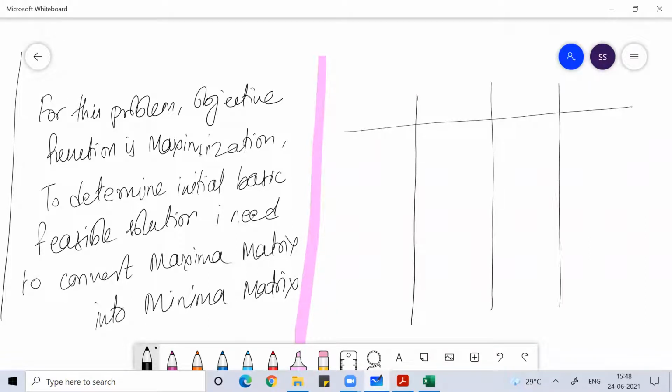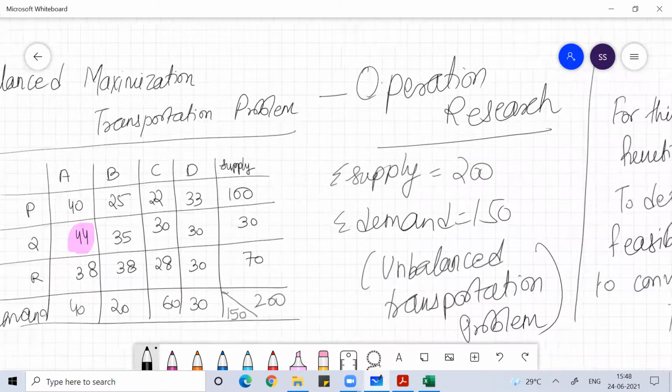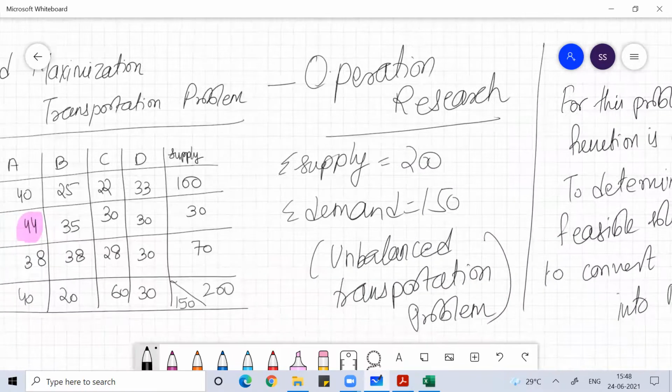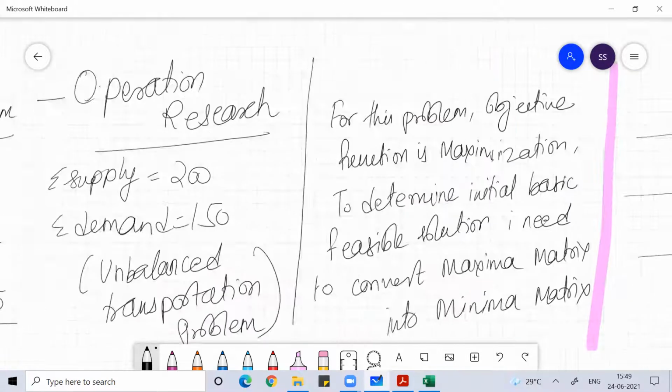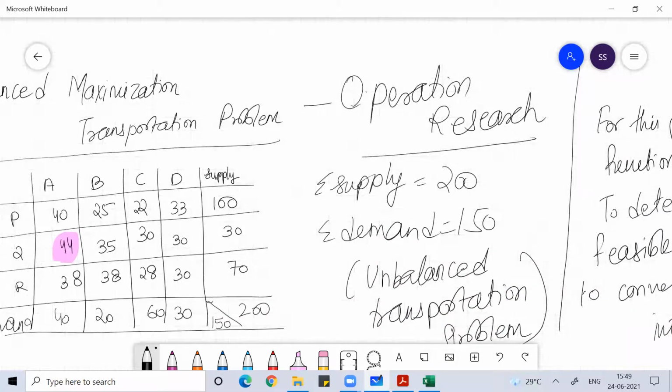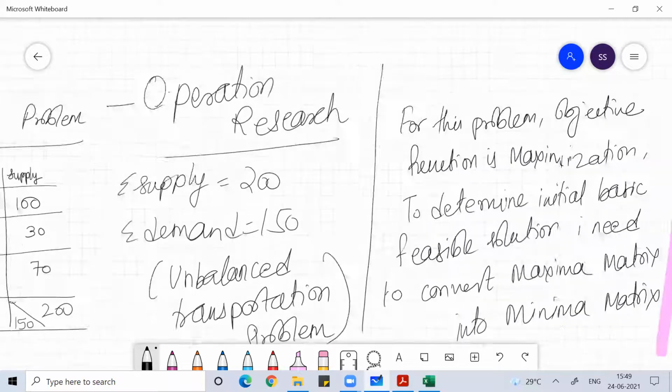If you subtract everything from 44, you can understand 44 minus 40 is 4. Then 44 minus 25 would be 19. Then 44 minus 22 would be 22.